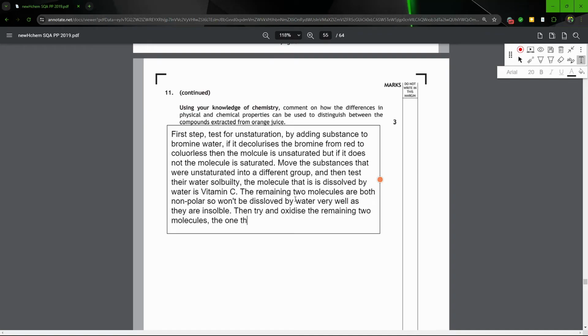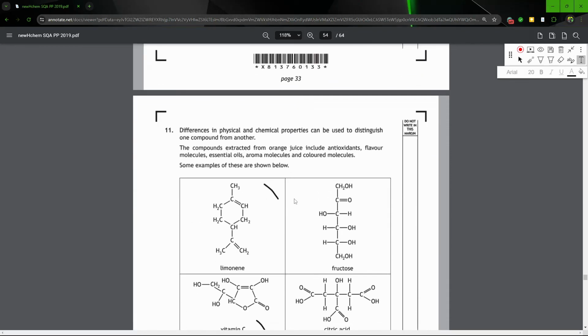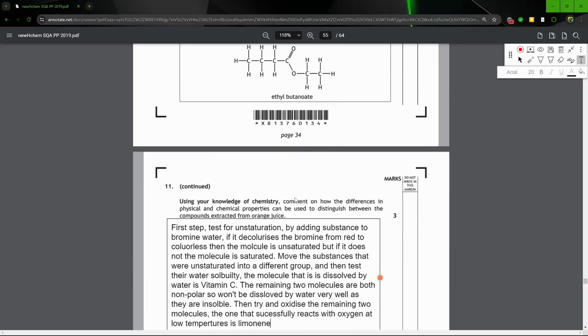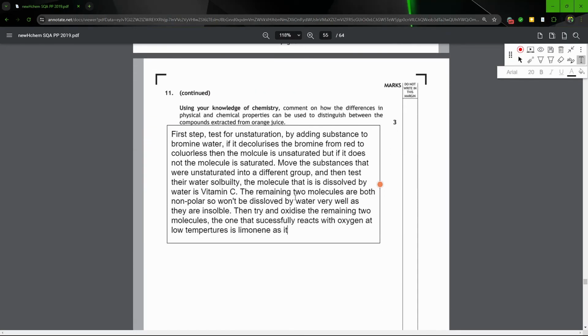The one that successfully reacts with oxygen at low temperatures is limonene, as it is a terpene which can oxidize to a terpenoid.